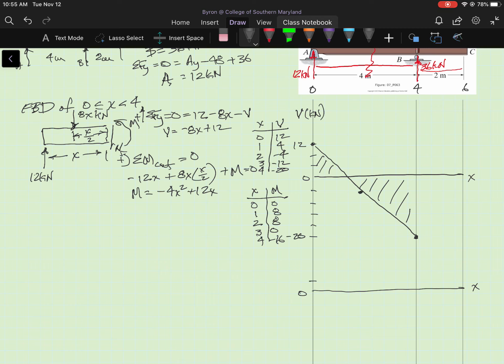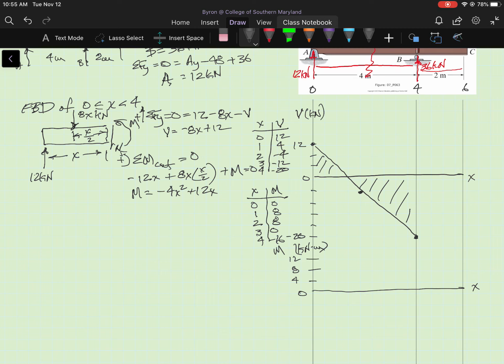Okay, so I will set up a scale here. We are in kilonewton meters for our moment scale.